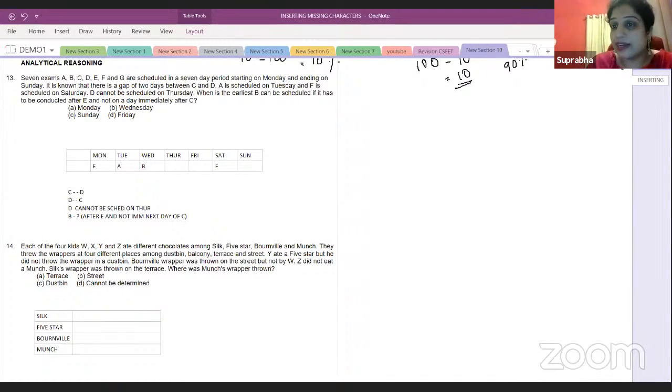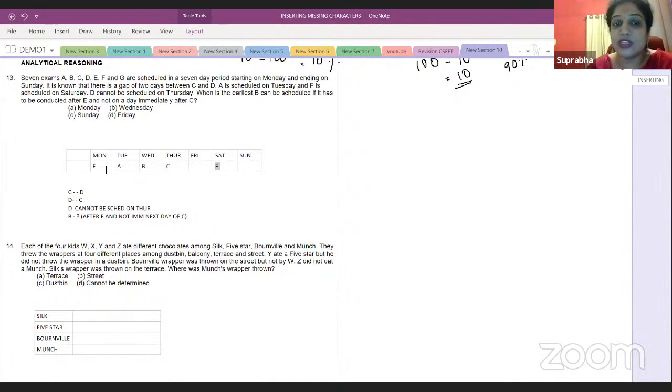But with this, I cannot stop because other exams also I have to schedule. Now, there is a condition that between C and D, there has to be a 2 days gap. So can I put D on Thursday? No, as per the rules, D cannot be scheduled on Thursday. So I'll schedule C over here, I give 2 days and I put D here.